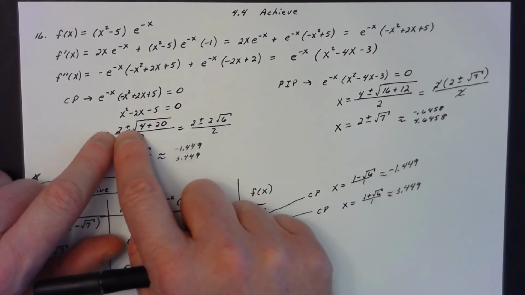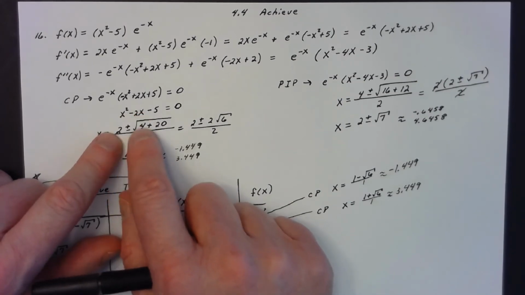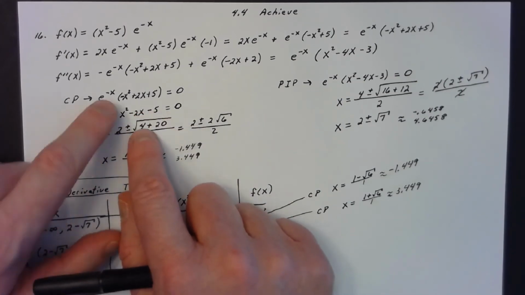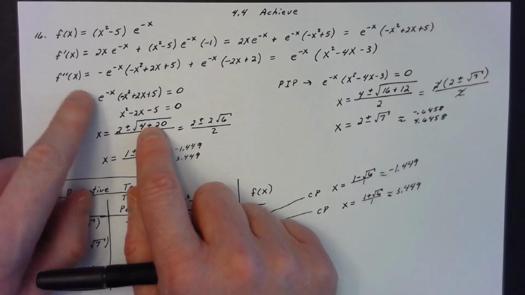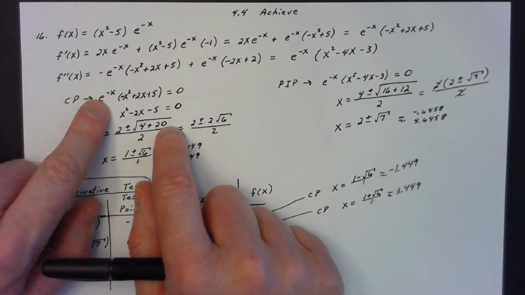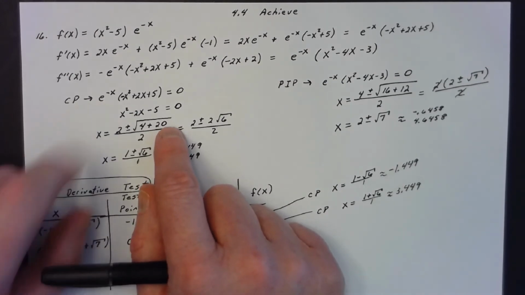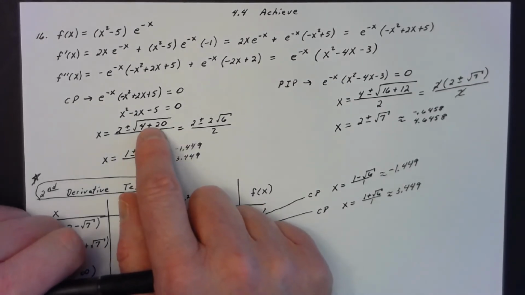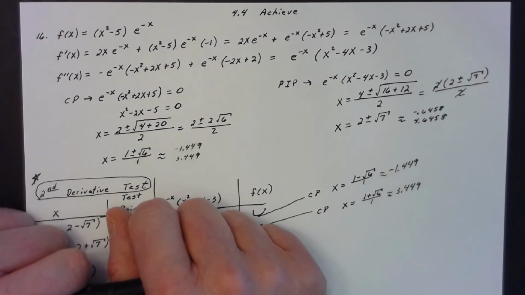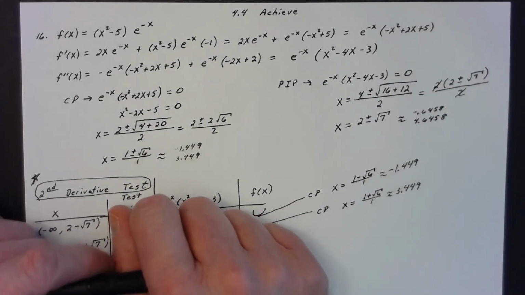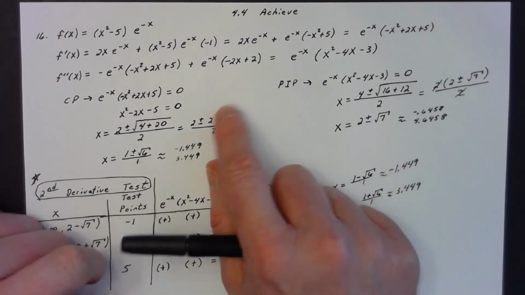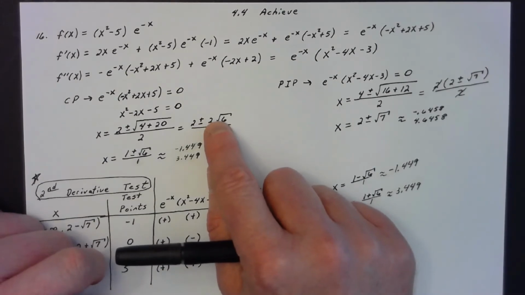We said it's going to be +2 plus or minus the square root of b squared, 2 squared, minus 4 times a times c. That gave me minus a -20, which is plus 20. Then I can say, well, all right, that's going to be the square root of 24. Square root of 24 simplifies down to the root of 4 times the root of 6. The root of 4 is going to simplify as a 2.